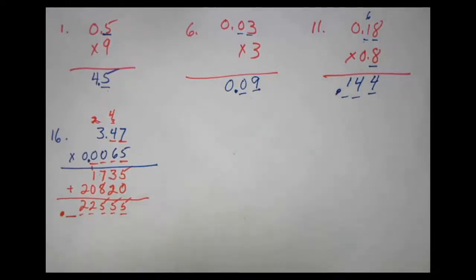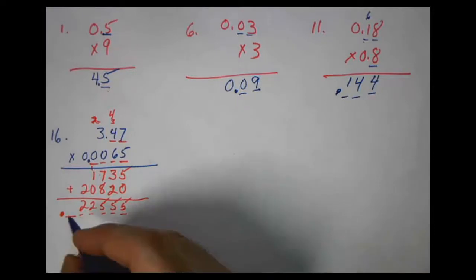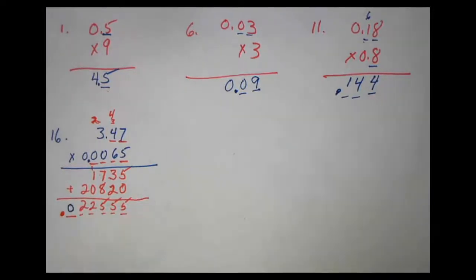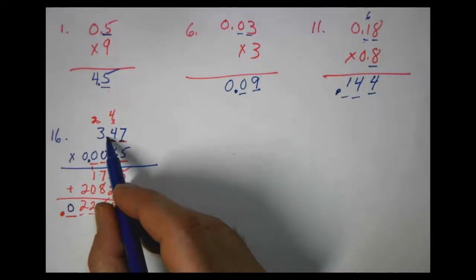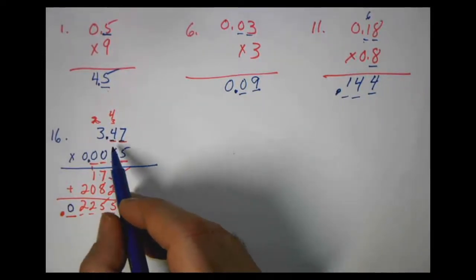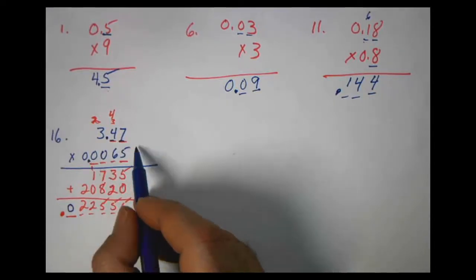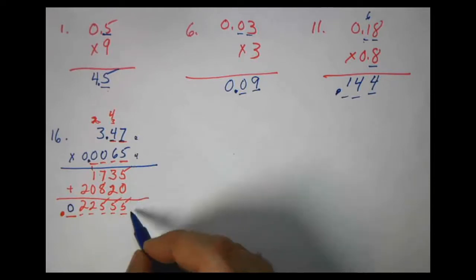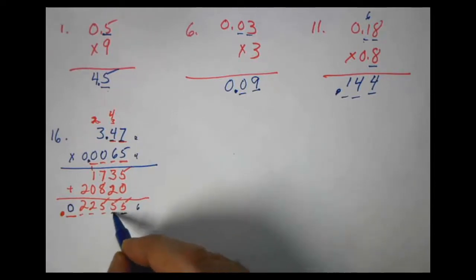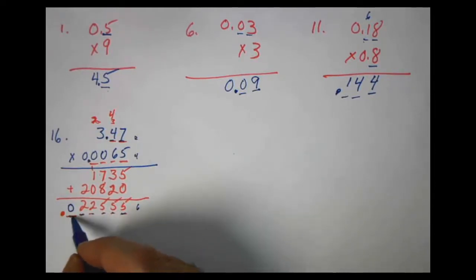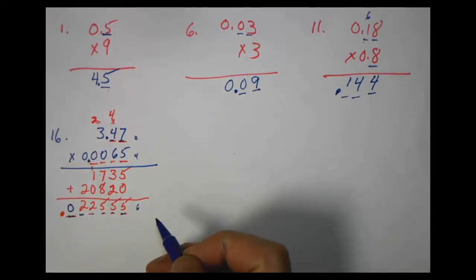Now I needed to go over 6 spots, so I needed to add a 0 in there for my last digit, because I have to match. 1, 2 behind for 3.47, and then 0.0065, I have a total of 4. So I have 2 here, 4 here, gives me a total of 6. So 1, 2, 3, 4, 5, 6. I have to match.